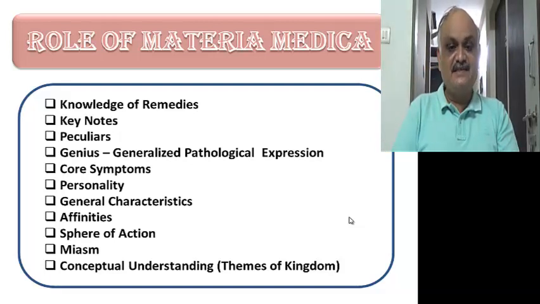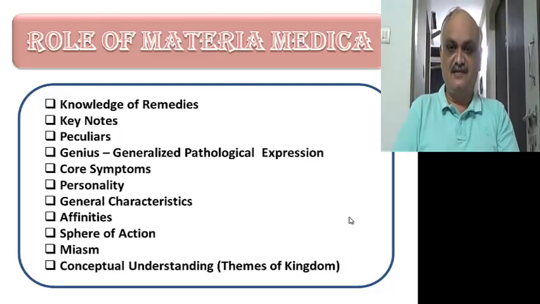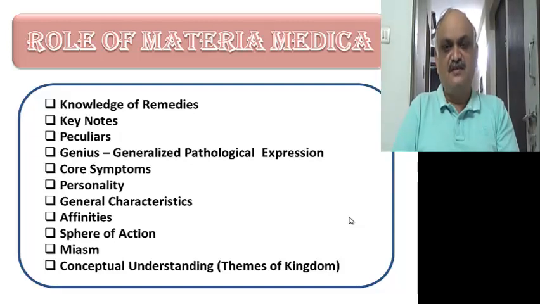General characteristics, affinities, sphere of action, mechanism, and conceptual understanding. For example, themes of kingdom, themes of animal kingdom, and various other concepts are also there, especially in the Vijayakar method, Sehgal method, Vithoulkas method. There are other methodologies. So everything has its own place.